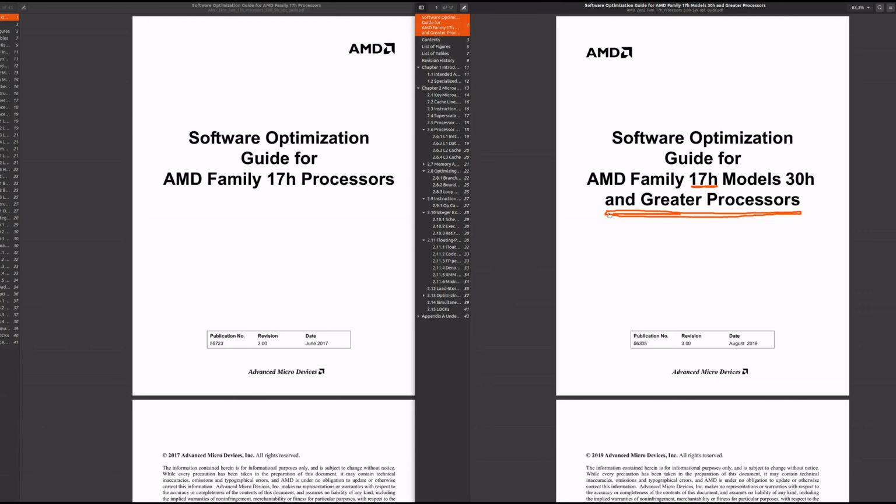It means it's closed, so Zen 3 will be something different. And because we know that the 18H family is the Chinese version of Zen 1, probably the naming will be the 19H family number.